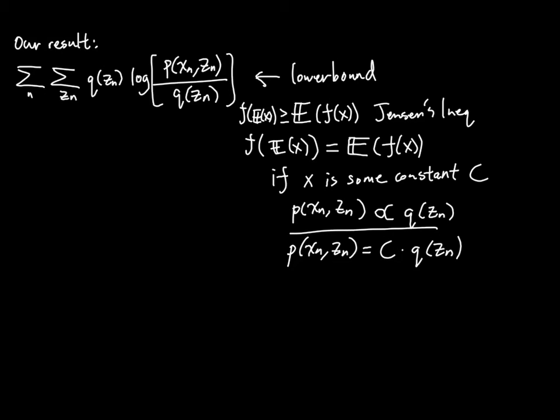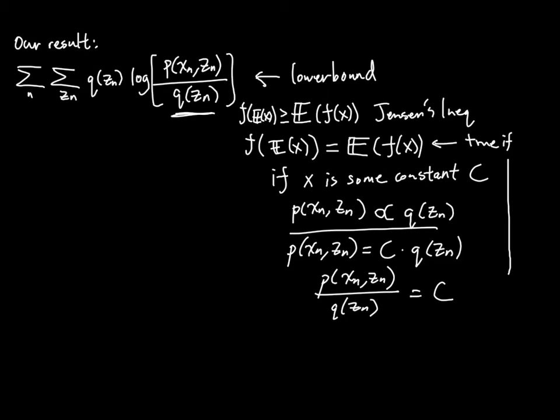Then we have P of xn, zn divided by Q of zn, from this statement. Then we just get c here. Then that means that this statement will be true. This is true if this part holds.